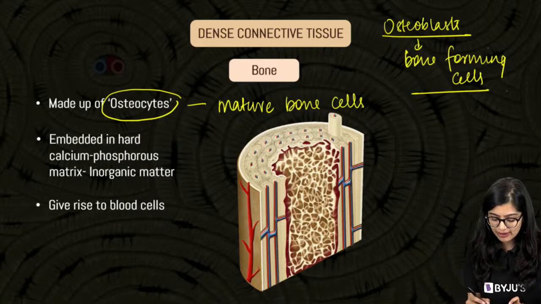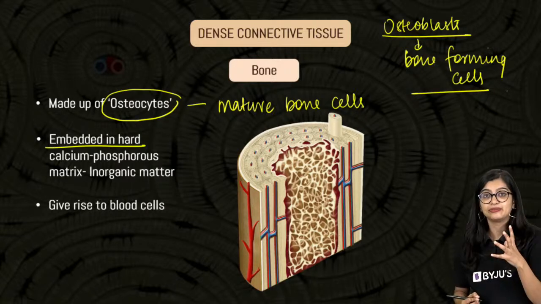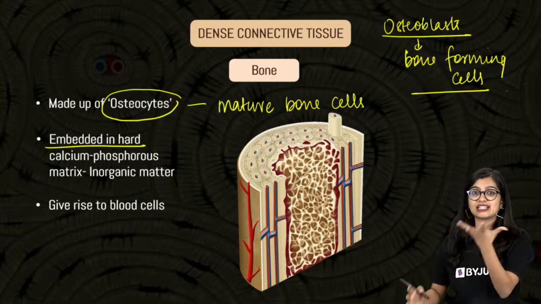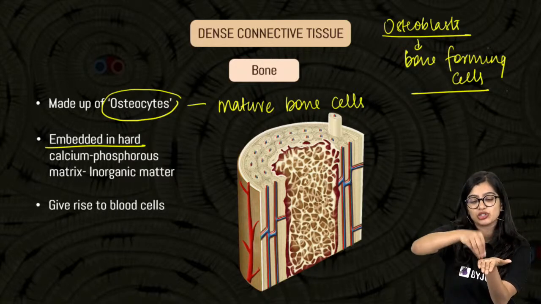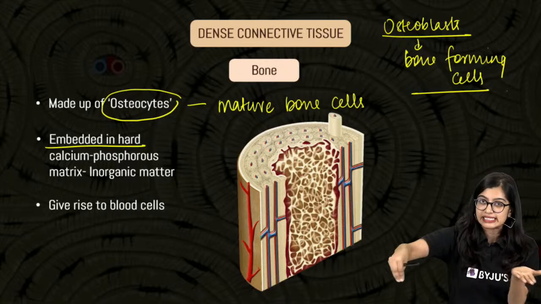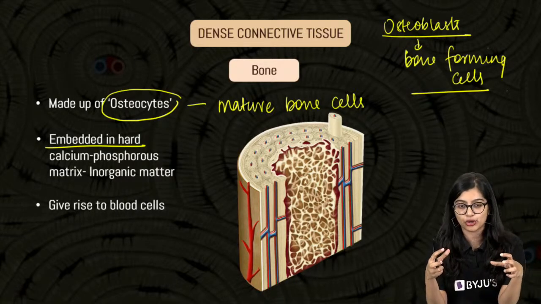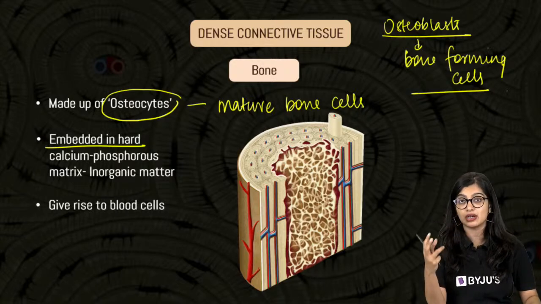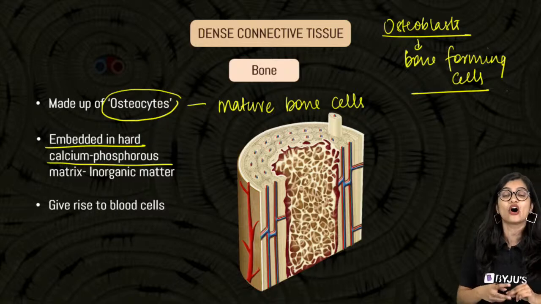Now these osteocytes are found embedded. That means you think of it as hard clay, right? Or you think of it as a clay and you put beads and everything inside that. So it will be very rigid, right? Not like the beads can move around if you put it in clay. So in such a particular case, these cells are found embedded in a calcium phosphorus matrix.